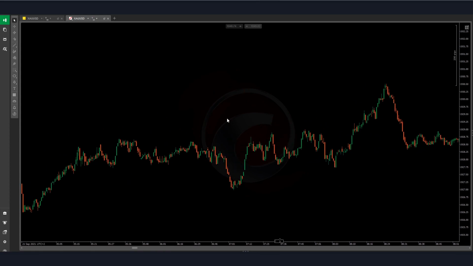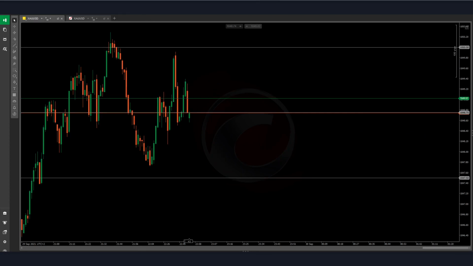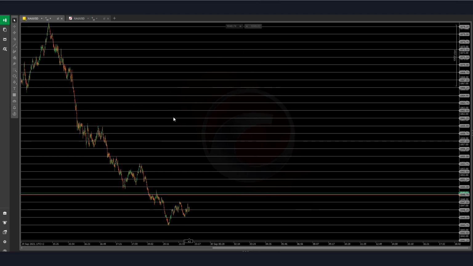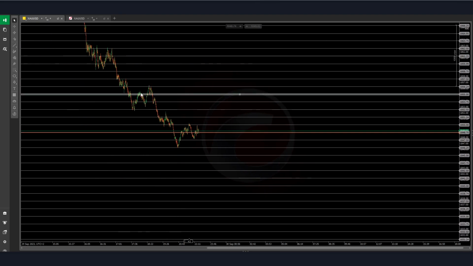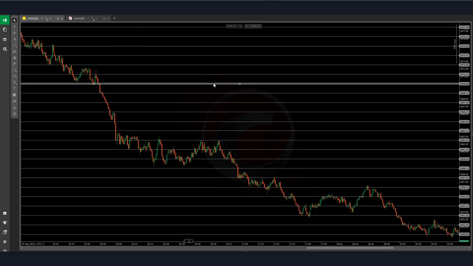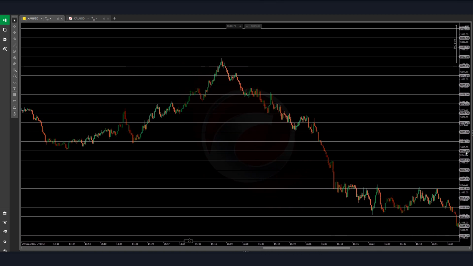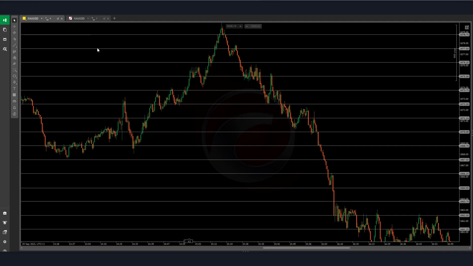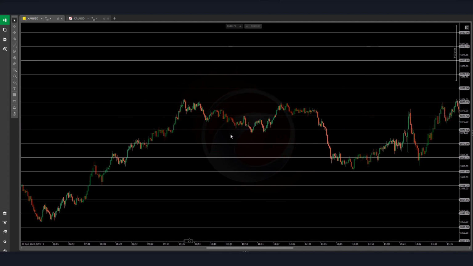So we're starting here. As you can see, I removed all the levels. These levels that I usually have are quite good, and they give some good reaction. But since I'm not actually trading off them, there's no real point having them.